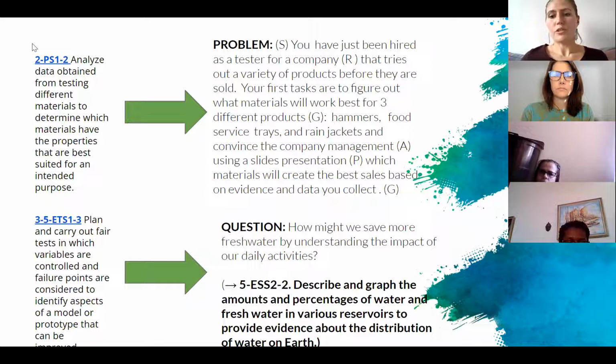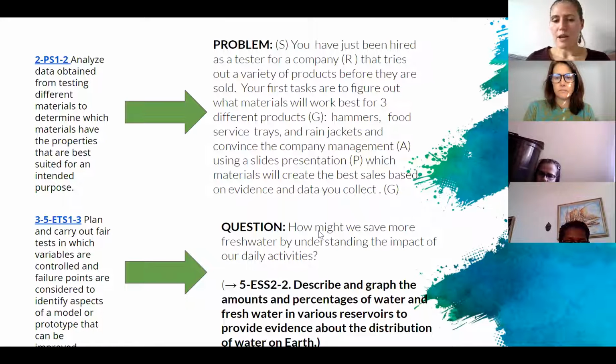And your standard, the last S, is over here, that's the NGSS standard. So that's just a quick example of how a GRASPS prompt can help you start off a unit with a problem.